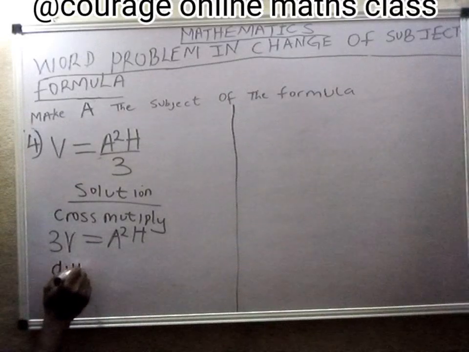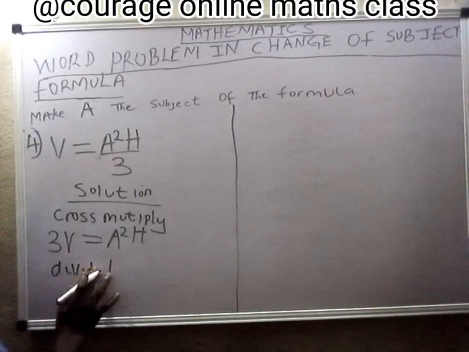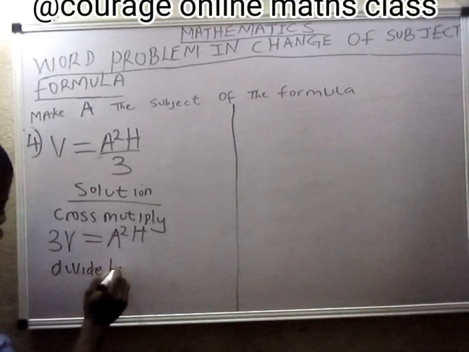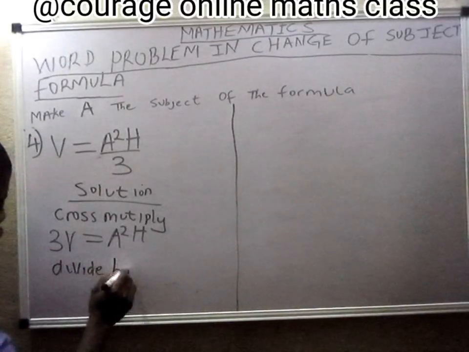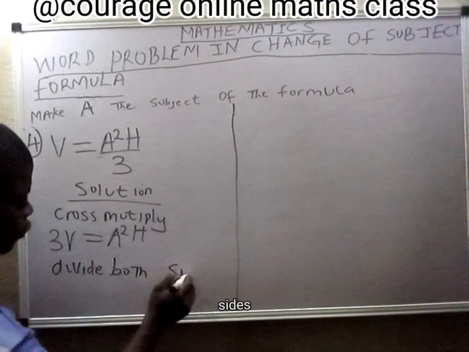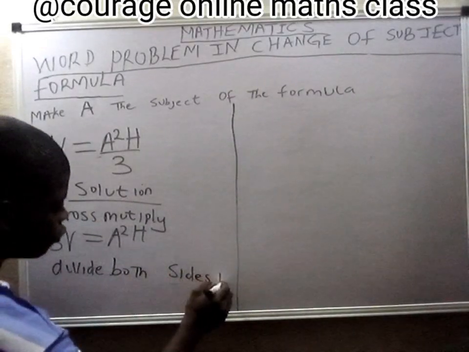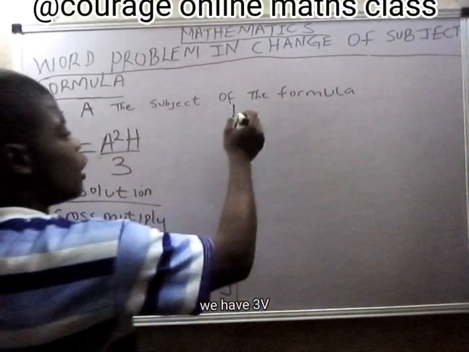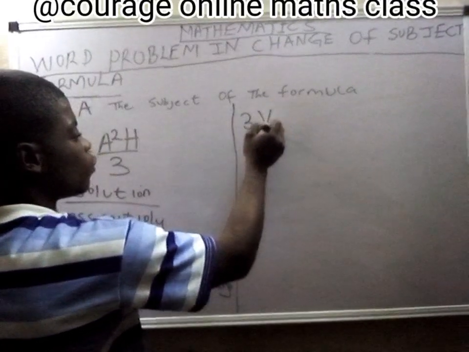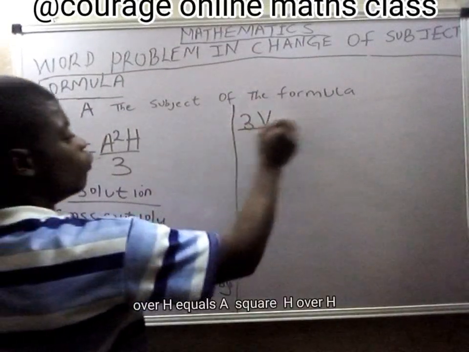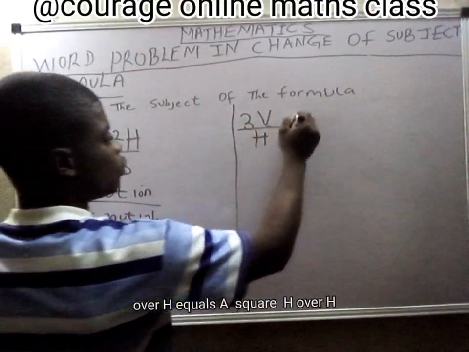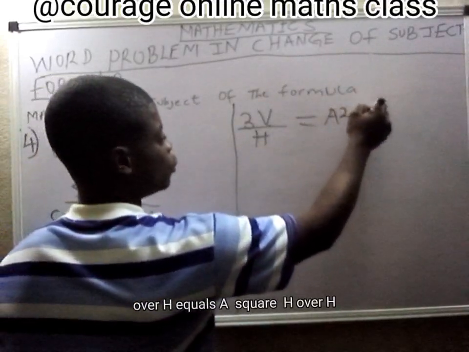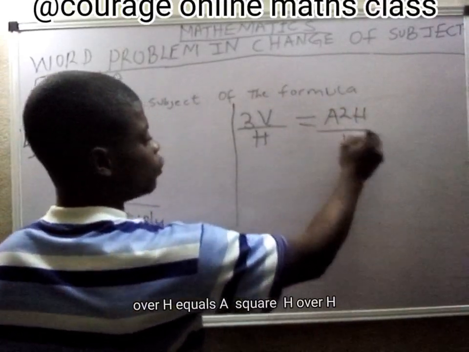Divide both sides by h. So we have 3v over h equals a square h over h.